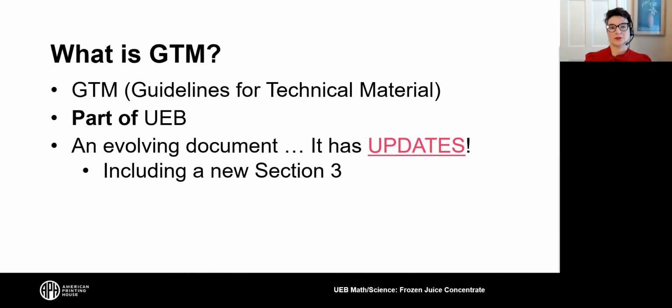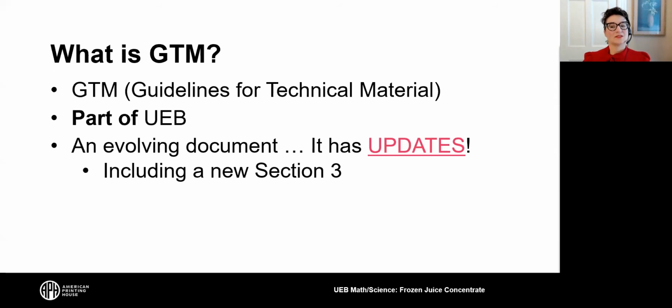Every once in a while, the rules of UEB will send you to the guidelines for technical material, and regularly guidelines for technical material will sort of say, hey, here's some more information about line mode, for example, using Braille cells to sort of draw shapes when we absolutely have to and can't get a tactile graphic.